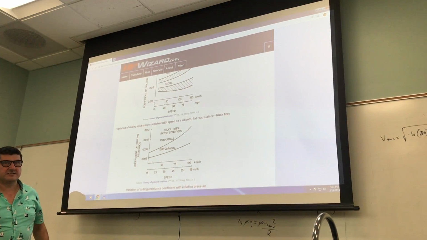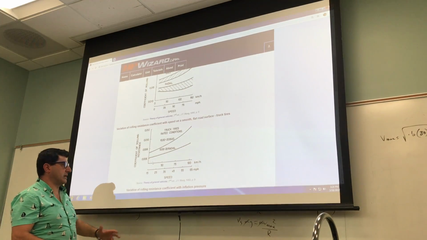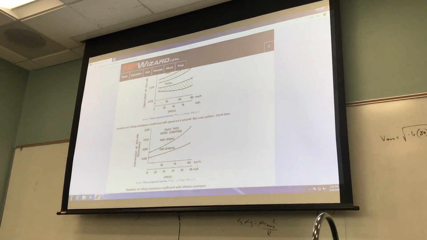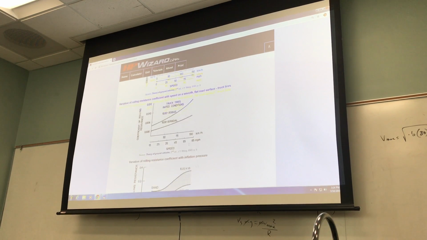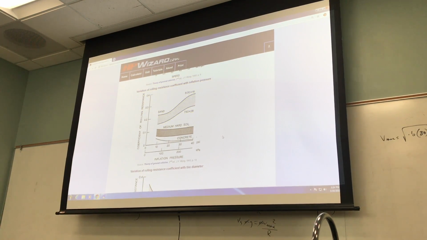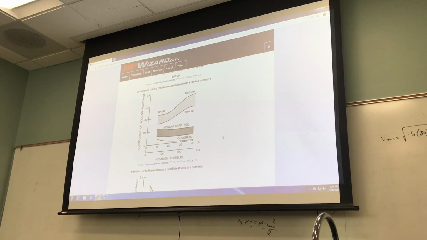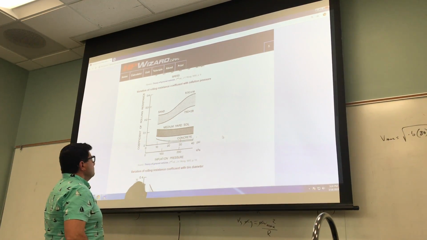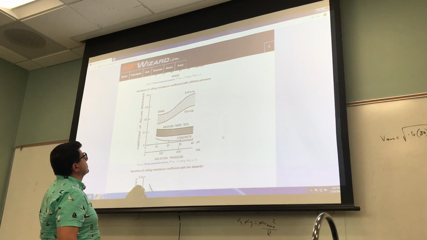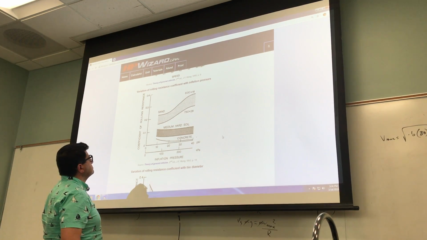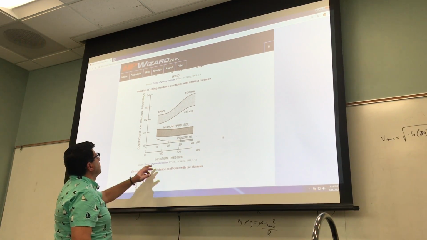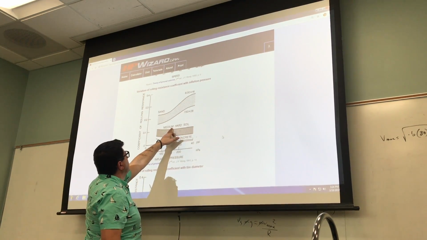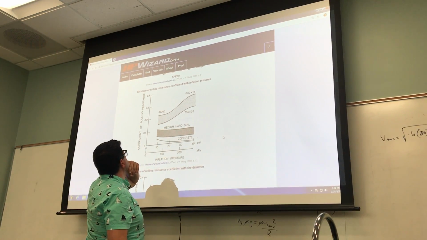So how does the size of the tire affect this? There's probably some graph. Oh, there's an inflation pressure. It depends on what you're driving on, whether concrete, medium hard soil, or sand.